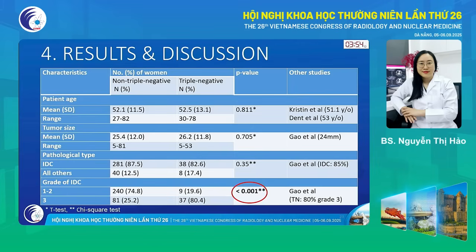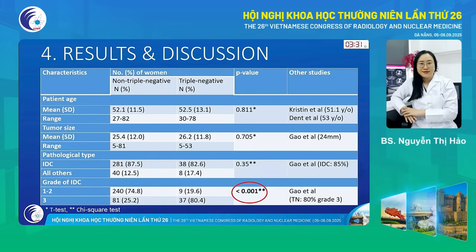About the demographic features, first the patient age was about 52 years old in both groups, similar to other studies. About the tumor size, in triple-negative, the tumor size was slightly larger than the non-triple-negative breast cancer, which was 26.2 millimeters.